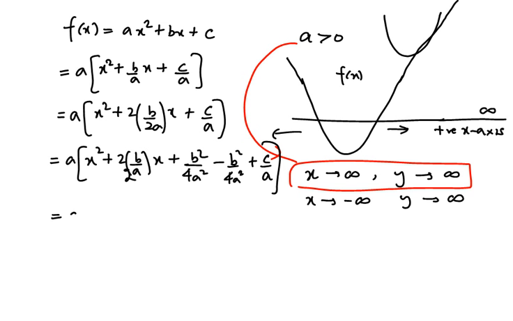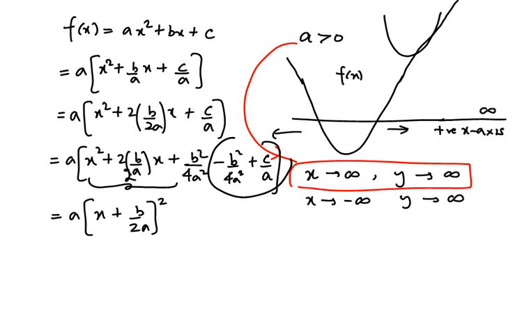Now I combine these three terms and write them as a times x plus b by 2a whole square. Then in the leftover part, I take minus common, multiply with a, take the LCM, and this is b square minus 4ac divided by 4a.